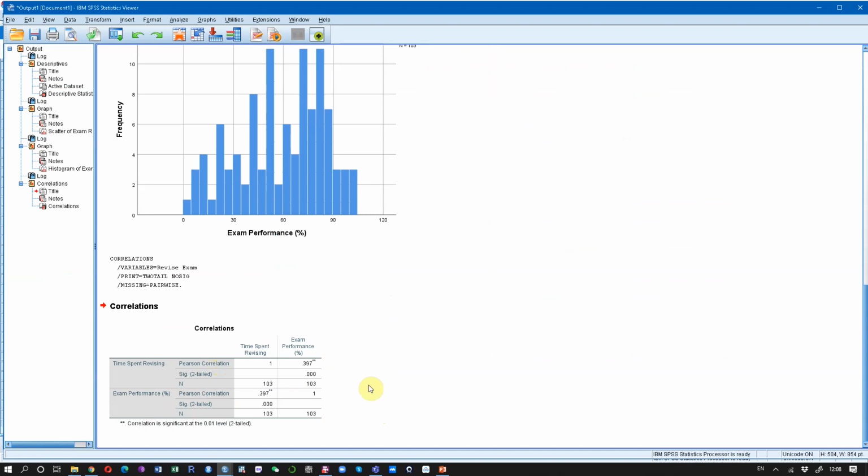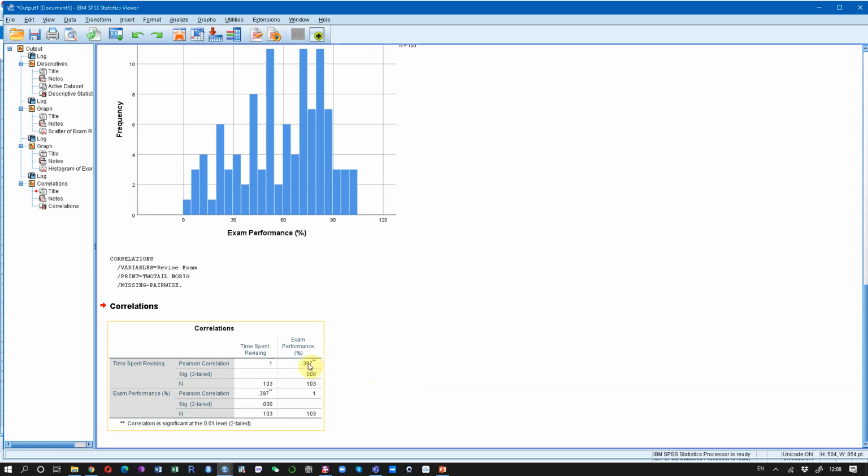Correlation table of the two variables. One is the revision, time spent revising, and the other one is the performance in the exam. Okay, so time spent revising and exam performance. Let's look at this number first, 0.397.